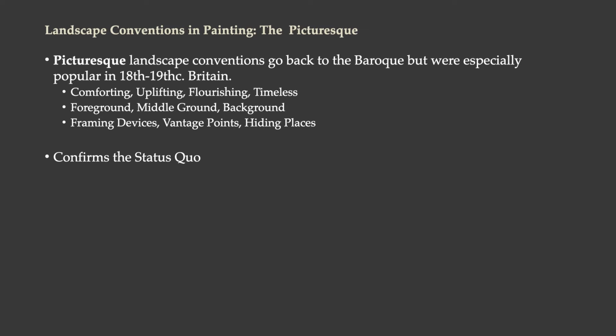There seem to be hiding places out there in the landscape. It looks like if you walked into this landscape, there would be places for you to rest where you would feel safe. These are all qualities of a picturesque landscape painting of the kind that Constable was the reigning master of. Overall, the picturesque landscape confirms the status quo. It feels reassuring, and the style remains popular to this day.